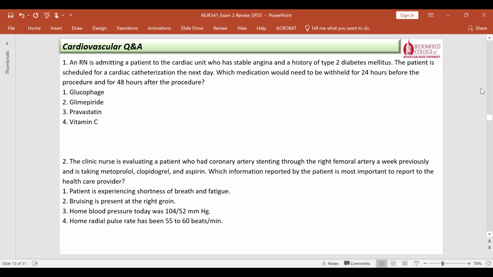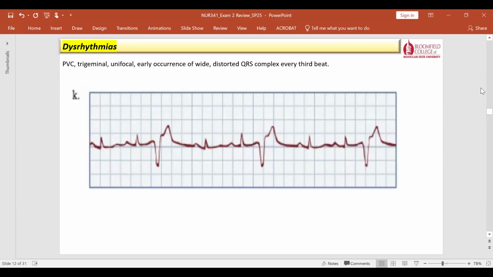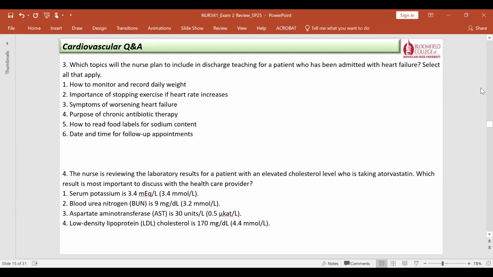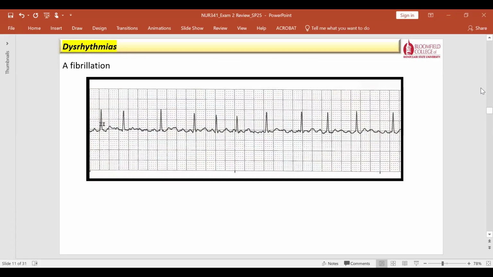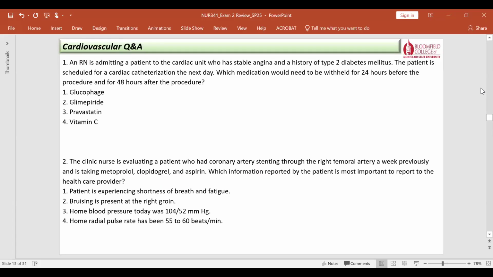All right, so, Sir, I have a question. Yes, go ahead. In the study guide, you include the electrolyte imbalance and the EKG changes. Do we need to know the patterns of the EKG for electrolyte imbalances? For electrolyte imbalance, it's just the potassium.